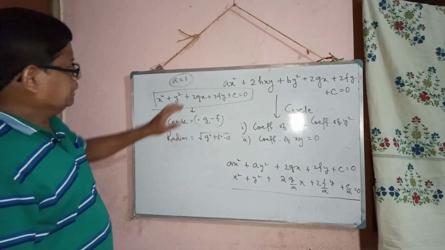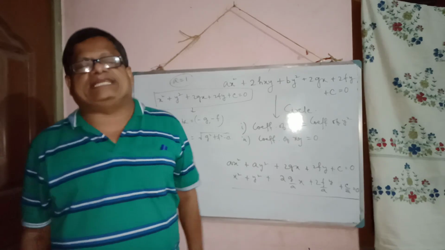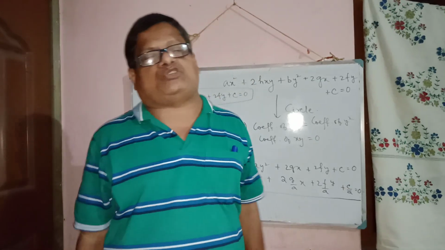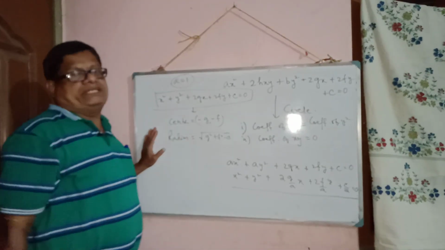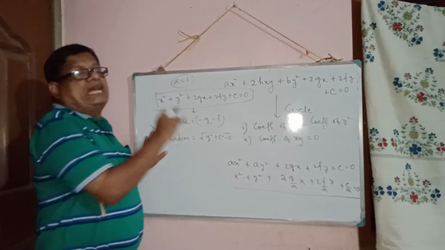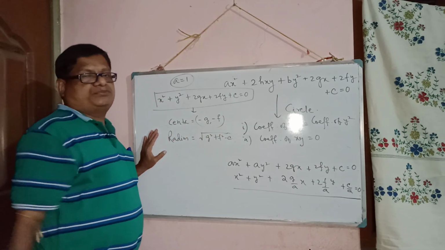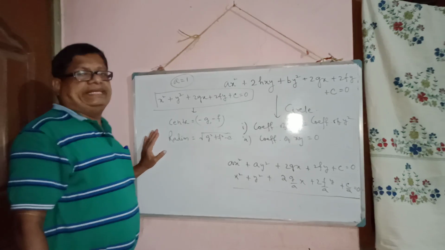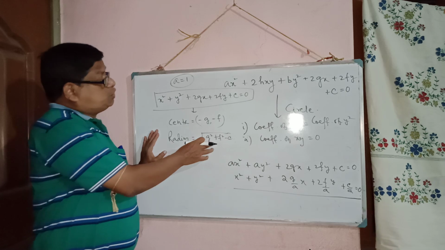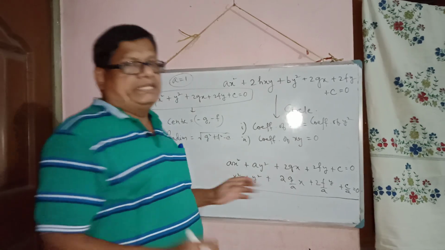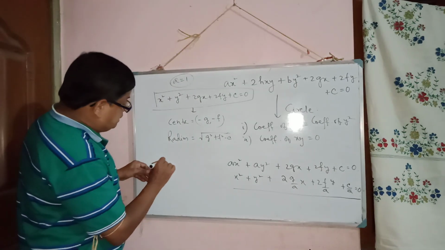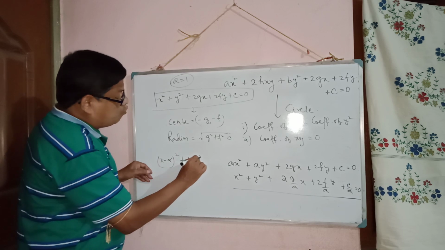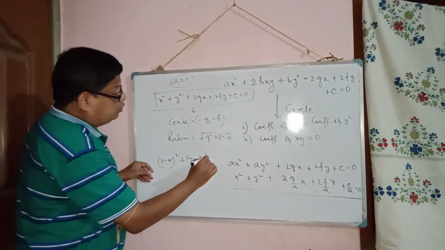If we compare this equation with x minus alpha whole square plus y minus beta whole square equal to r square, then comparing these two equations we get the center, alpha beta, as minus g, minus f, and radius r as root under g square plus f square minus c.